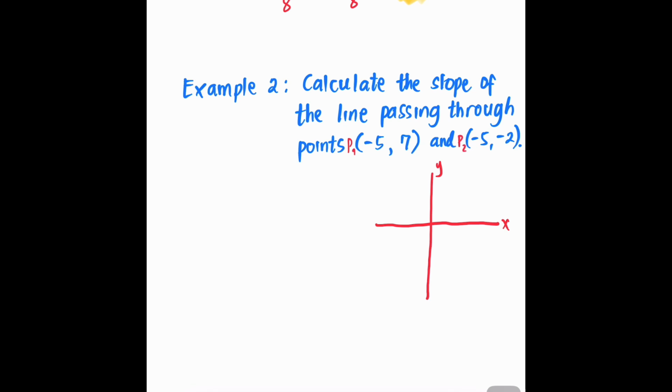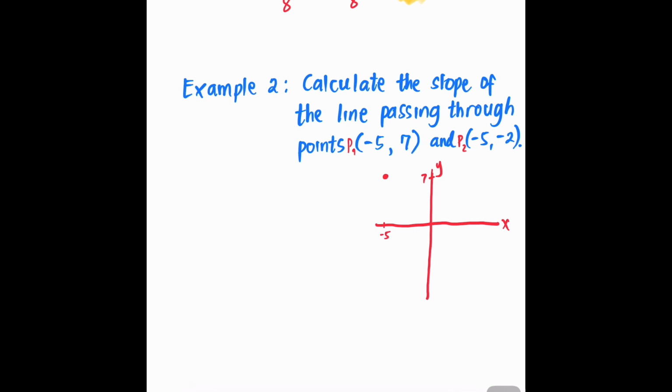The first point is (-5, 7). So (-5, 7) is actually here in quadrant 2. So negative 5 and 7, for example, this one. That's the first point. And the second point is (-5, -2).